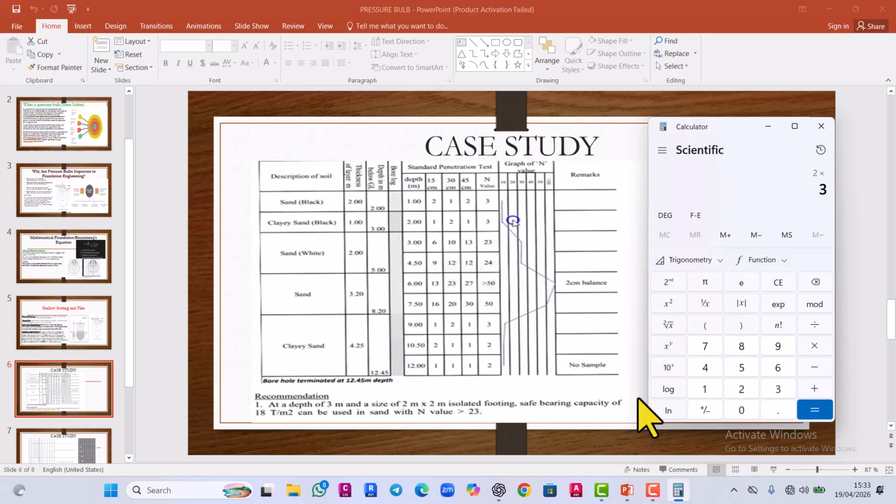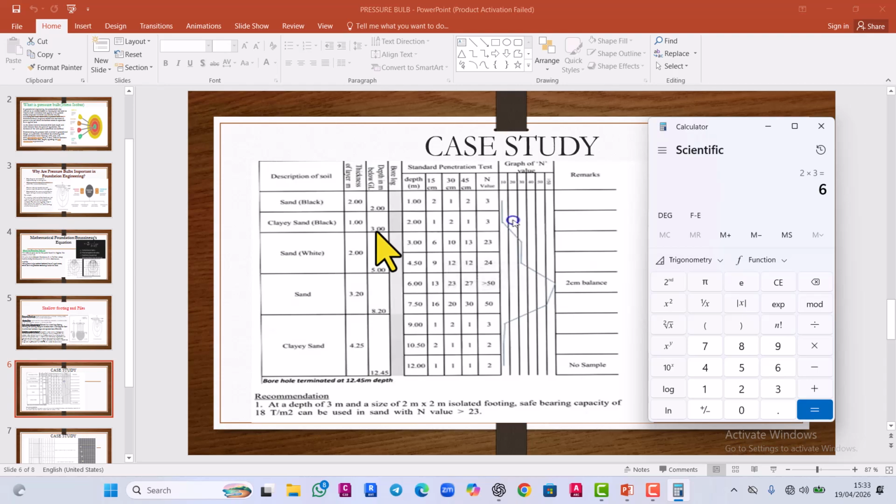We multiply by 3, so you're going to have 6 meters. So from 3 meters where the footing is to a depth of 6 meters will feel the path of any load that is coming. From this 3 meters you add an extra 6, so that is at a depth of 9 meters.